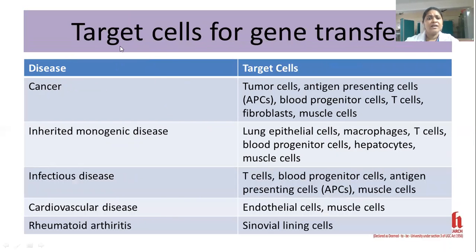And you can see what the target cells are for gene transfer, and here you can see what diseases can be treated and what the target cells are for these diseases.